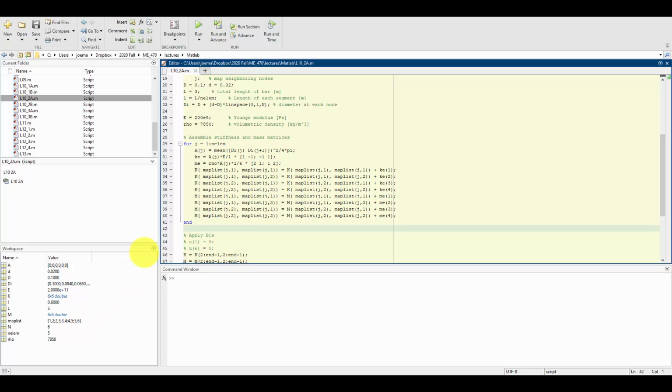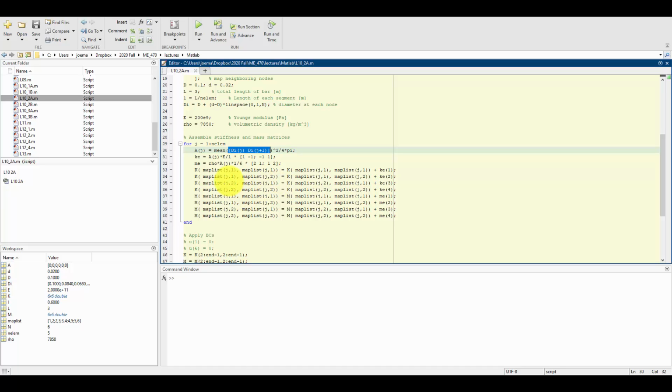So most of this loop looks really the same as what we saw in the previous example. The only difference here is I am calculating the area for each of my elements as I go. So when j is equal to 1, for example, I'm on the first element. So what I'm doing is I'm taking the average diameter of the left node of element 1 and the right node of element 1.